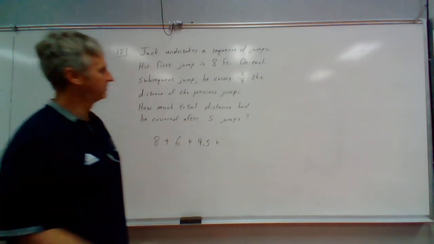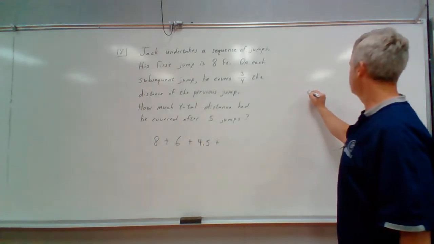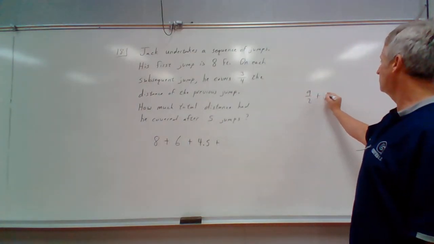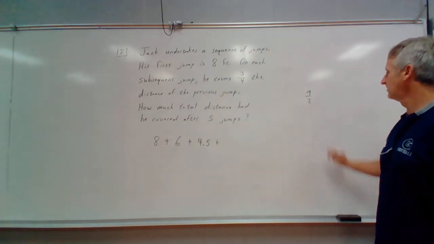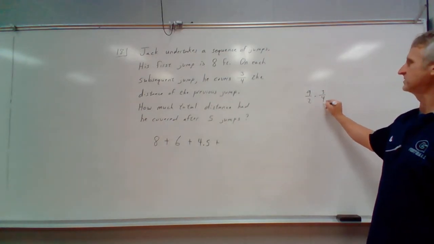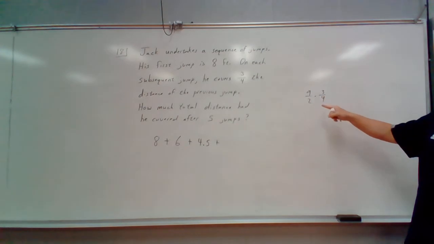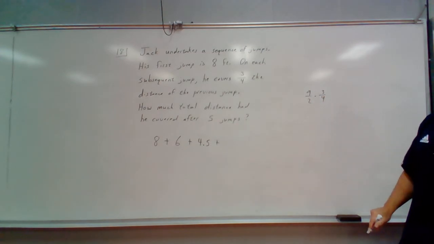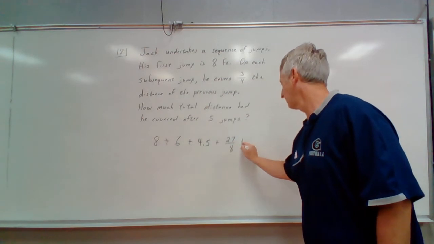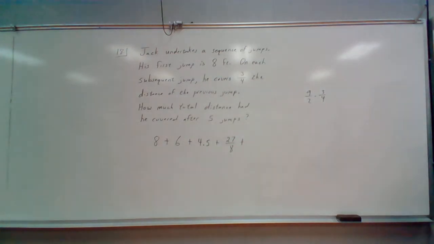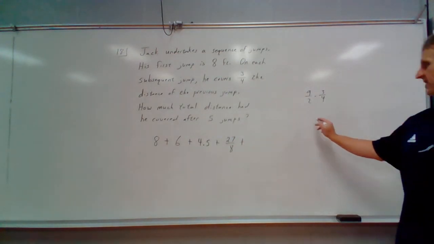So we have 9/2 times 3/4. All right, so that's 27/8 on this next jump. Plus, then on his fifth jump, he's going to go 3/4 of that.